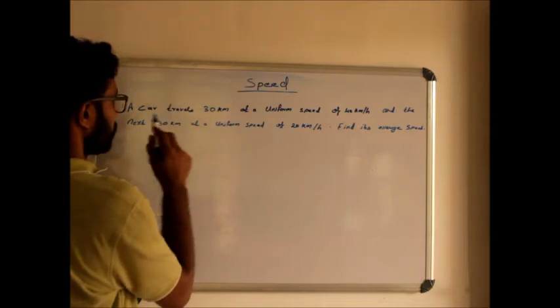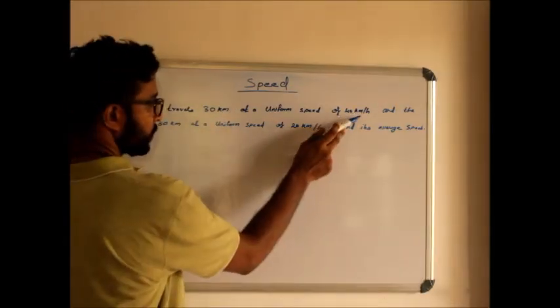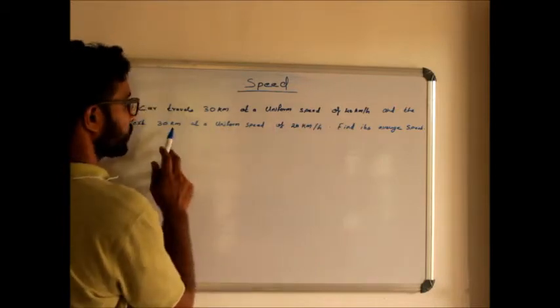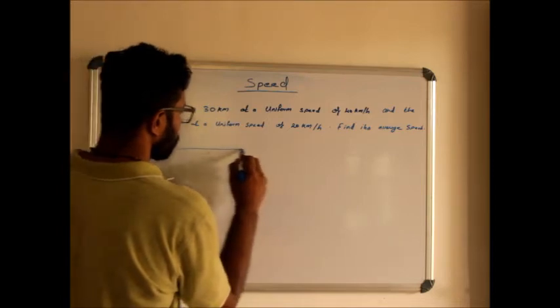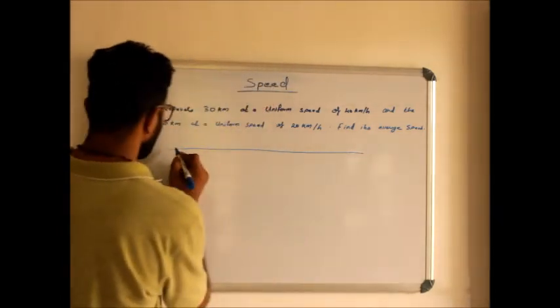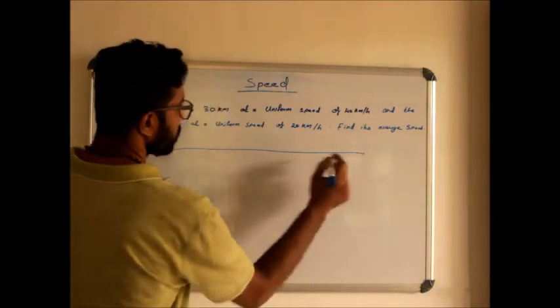You can see that the car travels the first 30 km at 40 km per hour speed and the next 30 km at 20 km per hour speed. So the total distance traveled is 60 km.